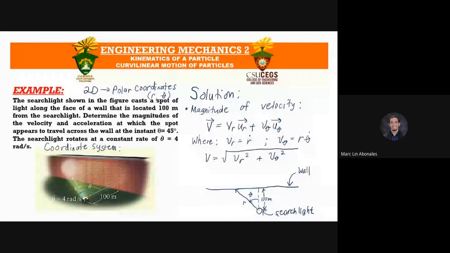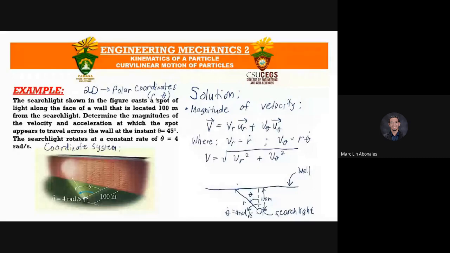And its angular velocity or its rotation, its theta dot, has a constant rate of 4 radians per second. So that is the top view.